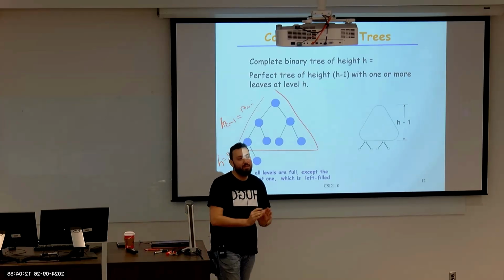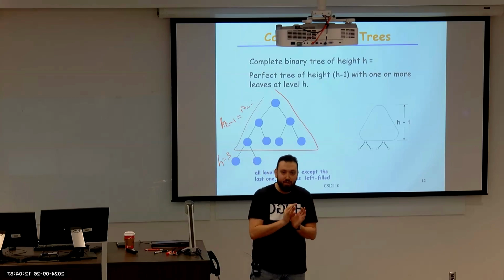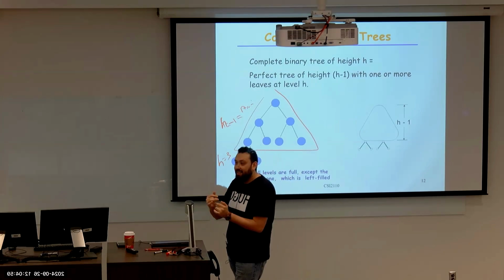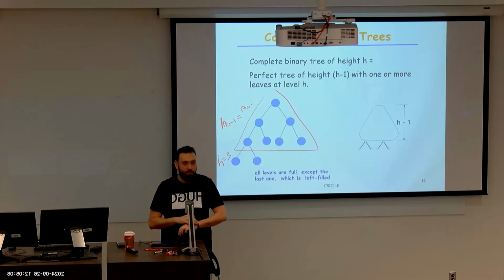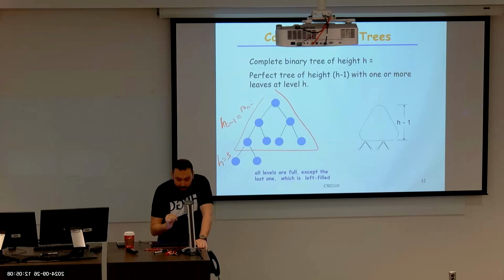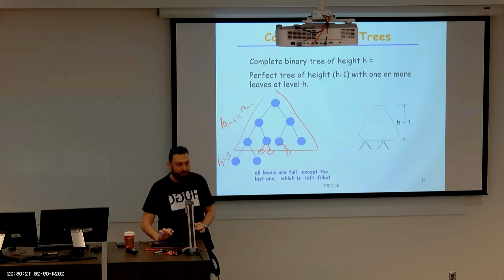Always h minus 1 is perfect. Then the other criterion for a complete binary tree is that it has to be left filled. What do we mean by this? If I want to add the next element to this tree, I can only add it here, then here. I can't add it here. It has to always be filled from the left to the right.